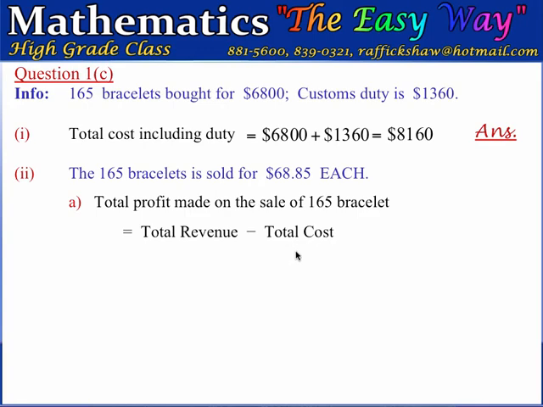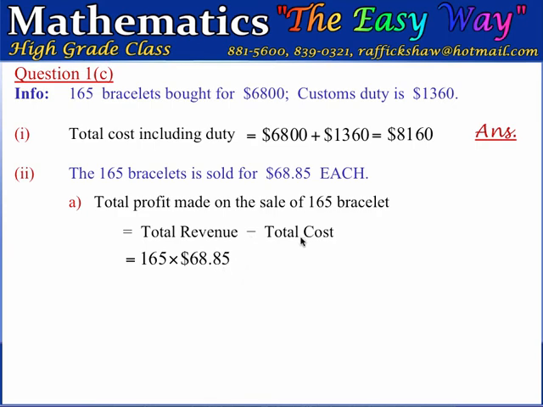The total profit will be the total revenue from sales minus the total cost for the 165 bracelets. And remember that because he sold each bracelet for $68.85, then the total revenue from the 165 bracelets will be 165 multiplied by $68.85. Now let's show that calculation. This is it. The total revenue is 165 multiplied by the unit price of $68.85.